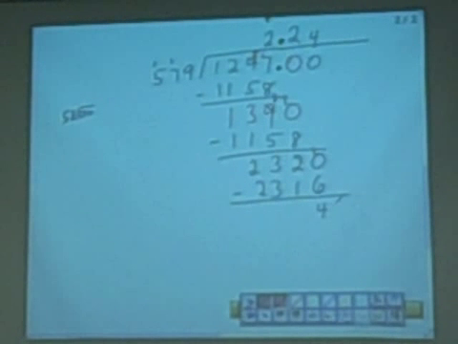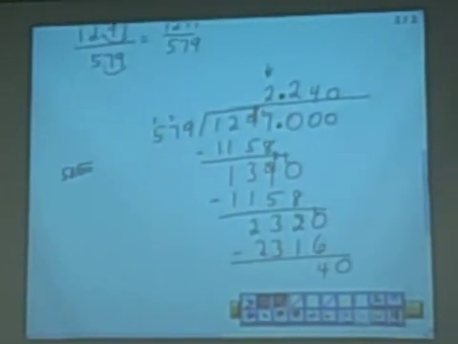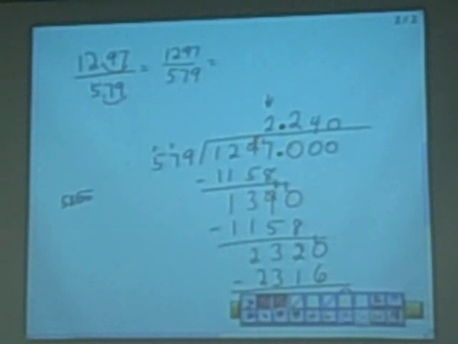The rest of it's just 4, right? 579 doesn't go into 40, so we know that it would just be a 0 up there, and so we can stop there. And so this would be approximately equal to 2.24 pounds that was purchased.